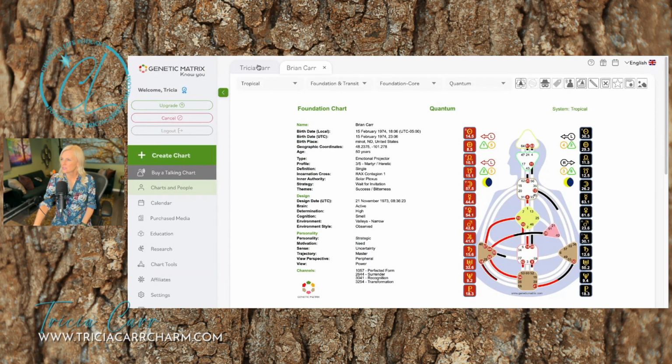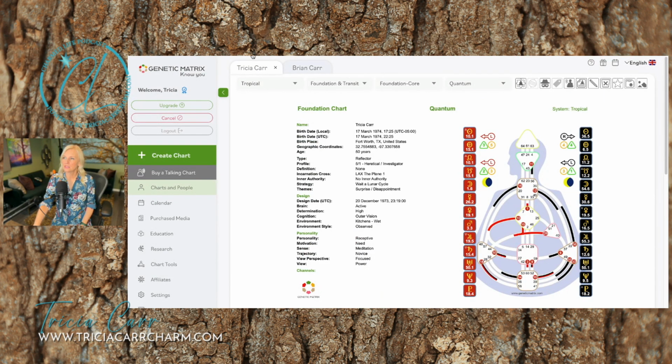My chart is, yes, I have the unfiltered sense of everything because of being a reflector. Then the gates that indicate psychic abilities are all of the ones in the head center. There are 3.